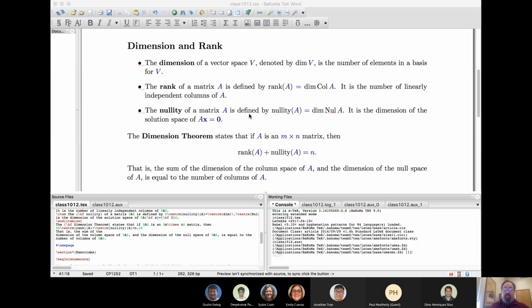There's a few concepts that I need to acquaint you with from this section: the notion of dimension and rank, and then a related concept called nullity.